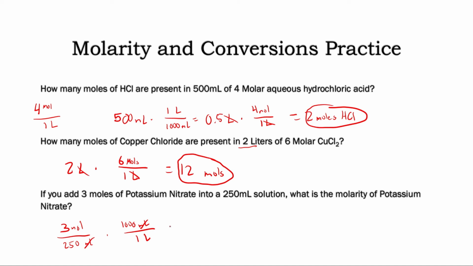And we are left with 3,000 moles per 250 liters. Now that's not terribly helpful. We need to divide both sides by this 250. And when we cancel those out, we're going to end up getting 12 as our molarity. So that'll be 12 moles per 1 liter.